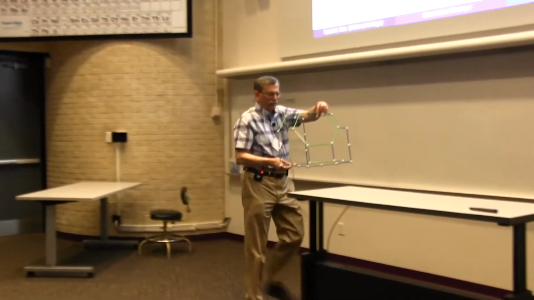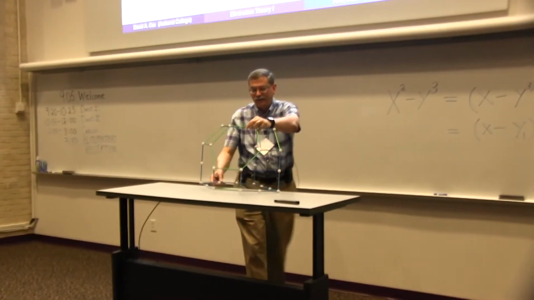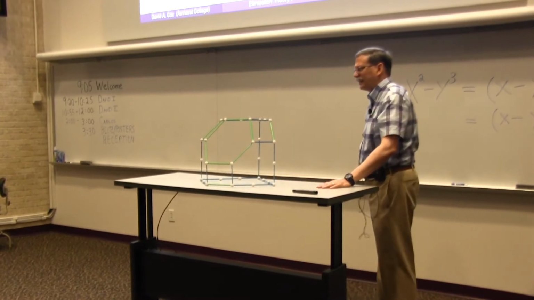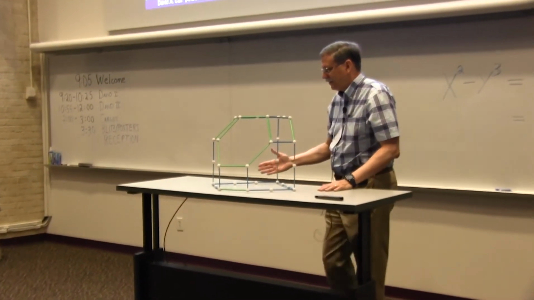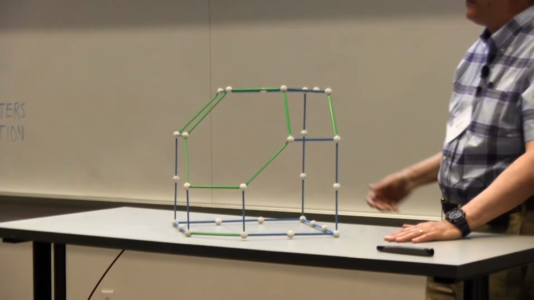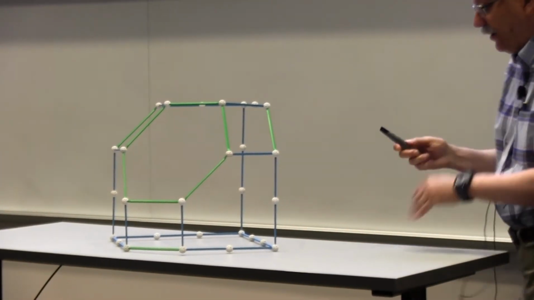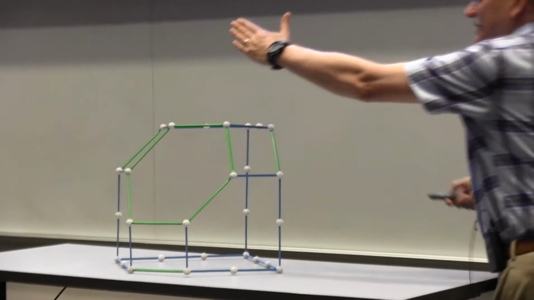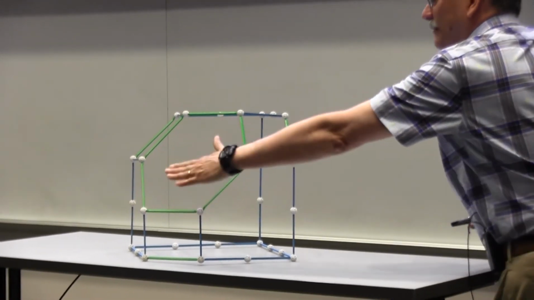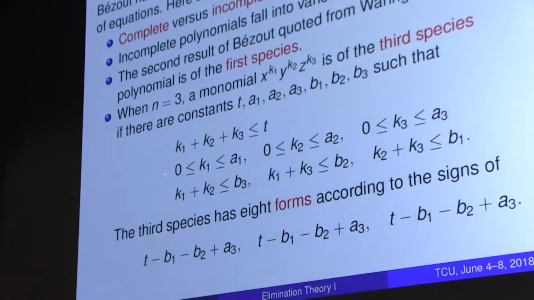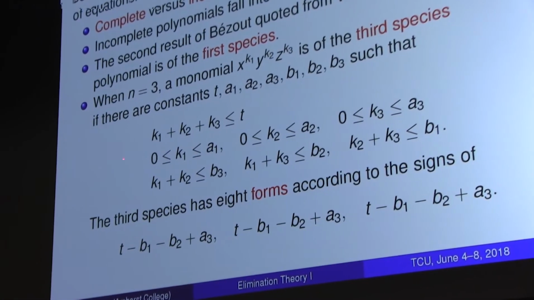So now, Bezout did not at all think geometrically about this stuff. So he would have never visualized something like this. But the idea is that here's the degree in X, here's the degree in Y, here's the degree in Z. And so that first bound, this one right here, that's basically this face right here. That's bounding the total degree. And then these three right here, that's bounding each individual degree.